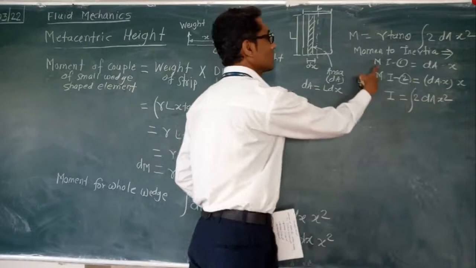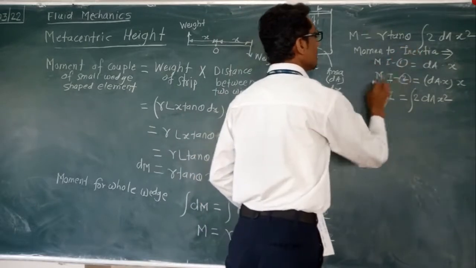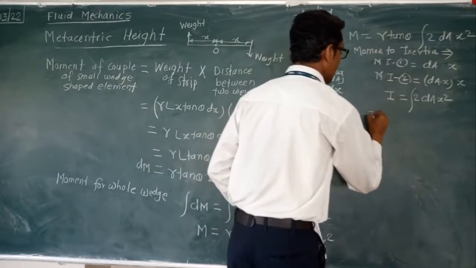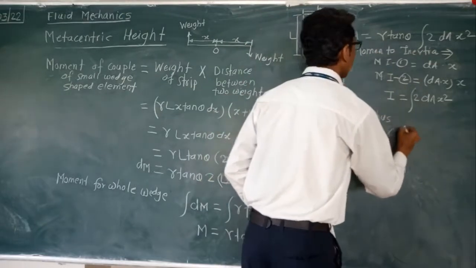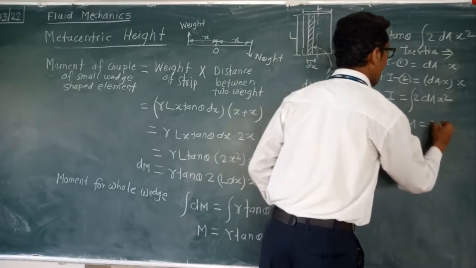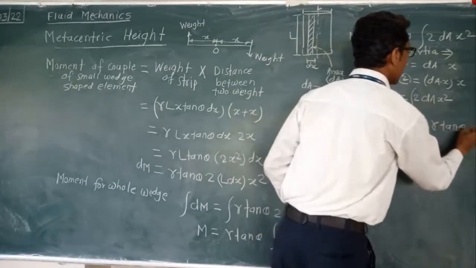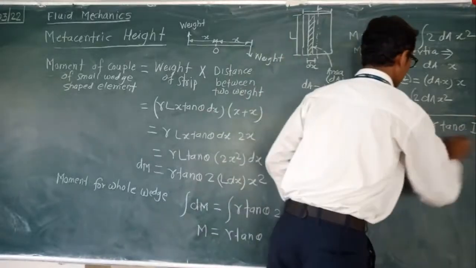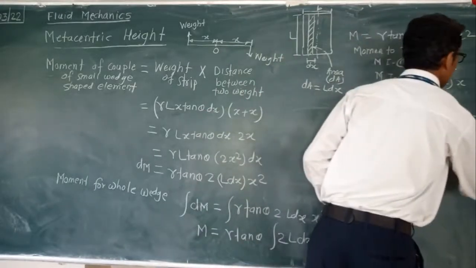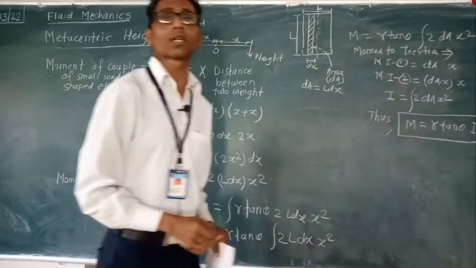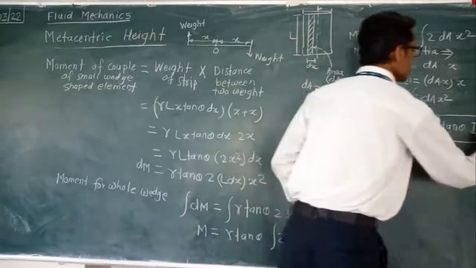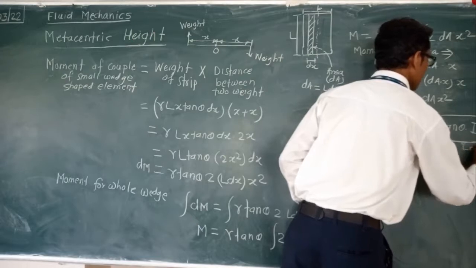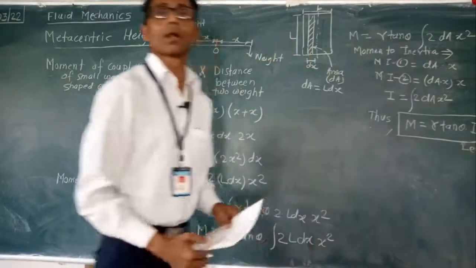Thus the above equation becomes M is equal to gamma tan theta into I. Give this as equation number 1.